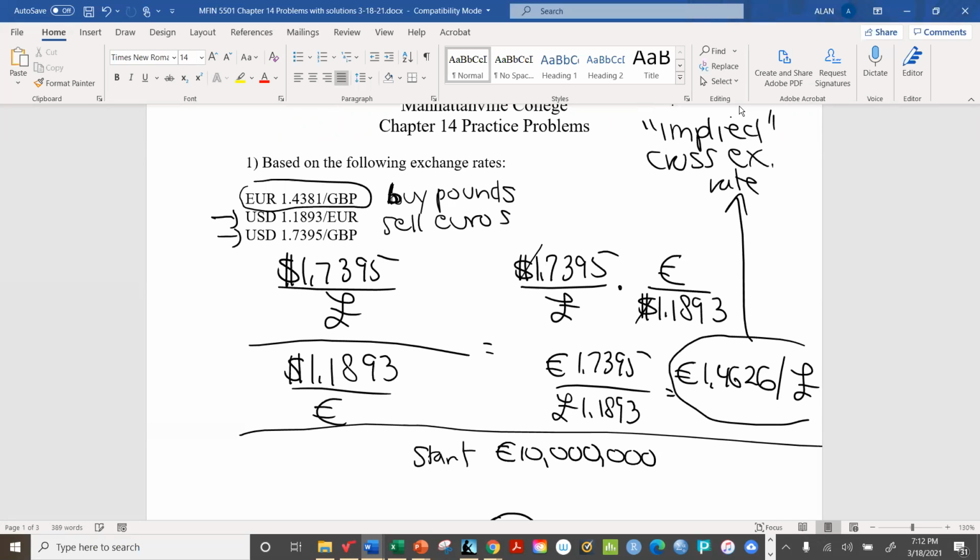All right, and again, the logic is, according to this implied cross exchange rate, each pound should cost 1.4626 euros, but here it's actually only 1.4381. It's almost like the pound went on sale at this dealer. Okay, it's too cheap. So you can think of this: the pound is too cheap.